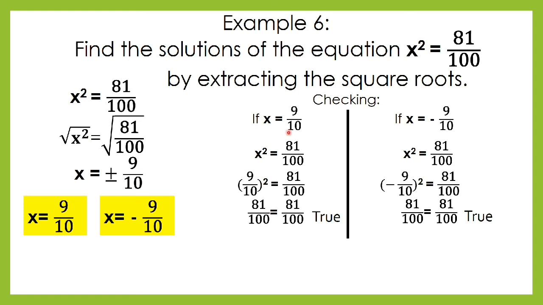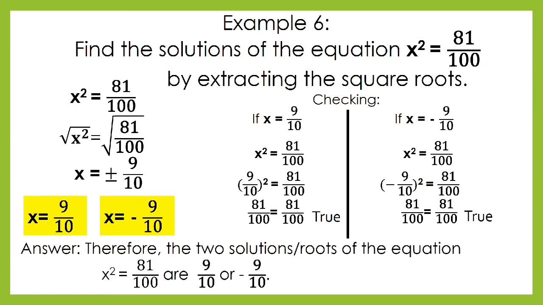Therefore, 9 over 10 and negative 9 over 10 satisfy the equation. Our answer, therefore, the two solutions or roots of the equation x squared equals 81 over 100 are 9 over 10 or negative 9 over 10.